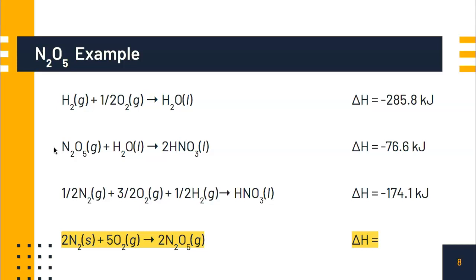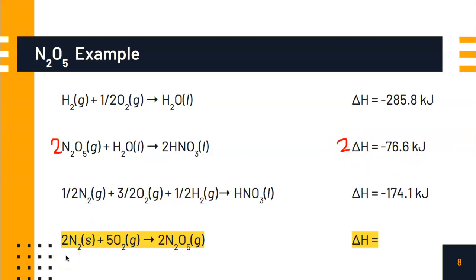I'm going to have to do something right away that we haven't had to do yet. I'm going to have to do two manipulations, actually, to this equation. The first one should be pretty obvious. In my target equation, I'm looking for 2 moles of dinitrogen pentoxide. So the first thing I'm going to have to do is multiply this by 2, which means that I am going to have to multiply my enthalpy change by 2 as well.